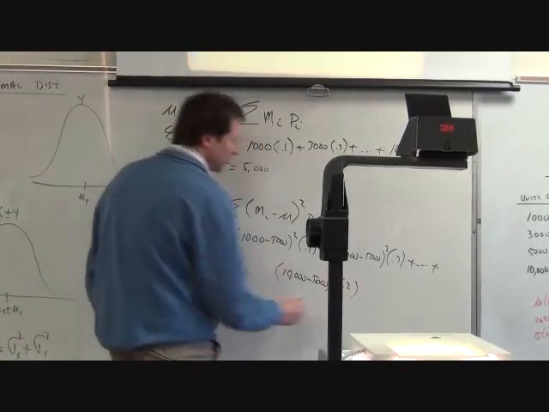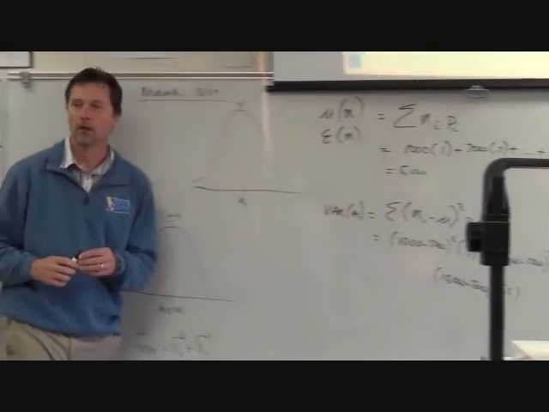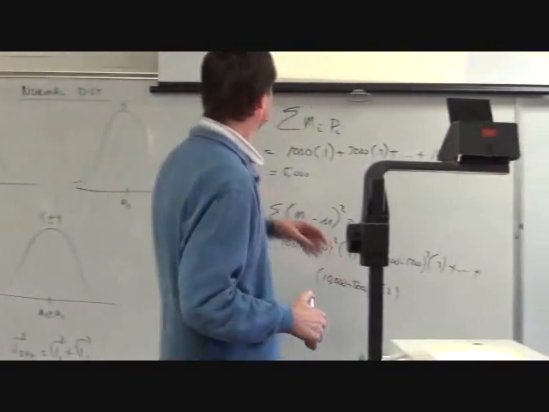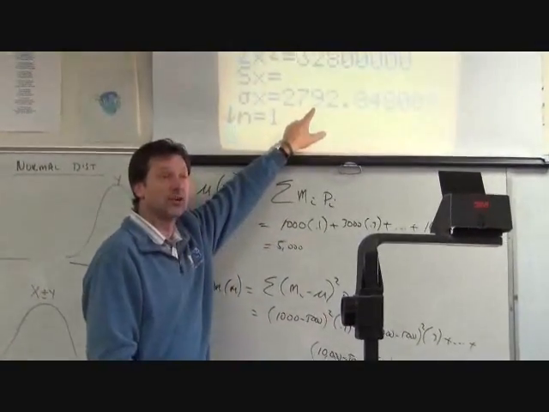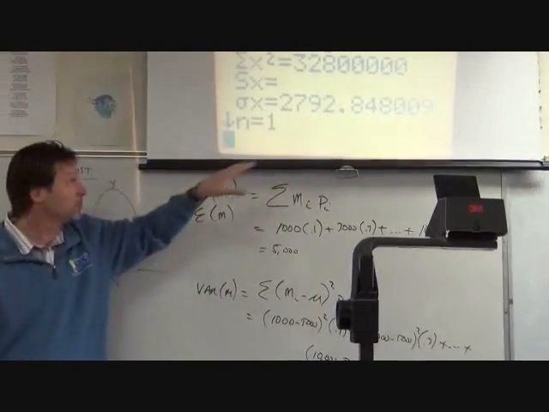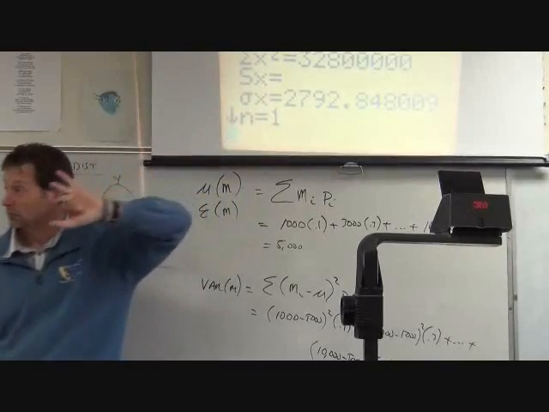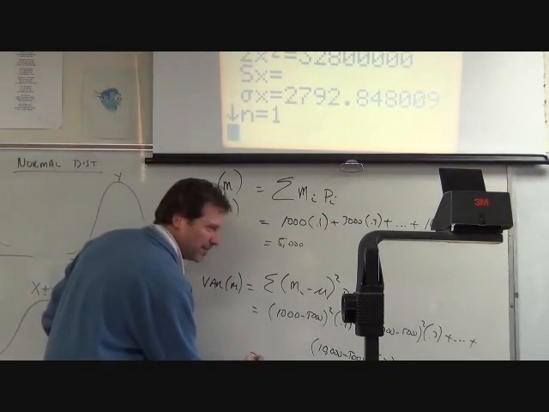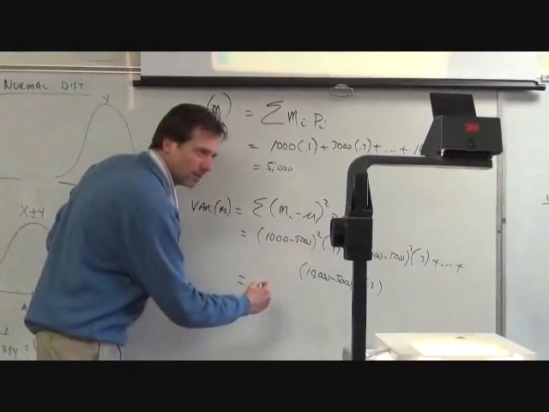That's going to happen 20% of the time. Show your reader that you know how to calculate it. But fortunately, the calculator gives me that answer here. Now, what it gives me is standard deviation. So if you're asked for the variance, what are you going to have to do with that number? You have to square it, go the other direction. So it's like, what is that, 7.9 million or something?